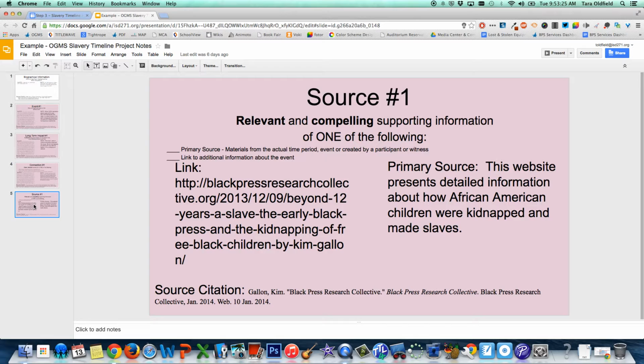And the website explained in great detail how abolitionists worked to communicate with African American parents, telling them that they needed to be very careful to protect their children, because their children could be kidnapped, and many were. They were taken away from their parents and sold into slavery. So the link that I have here goes to a website that explains that.